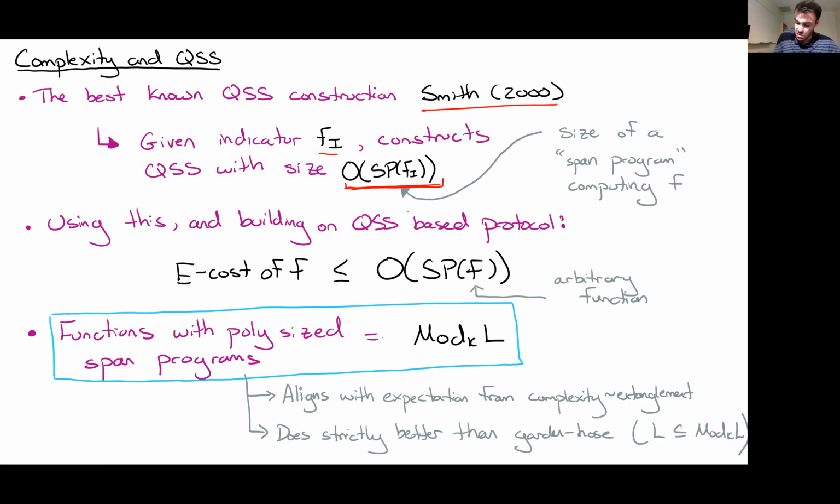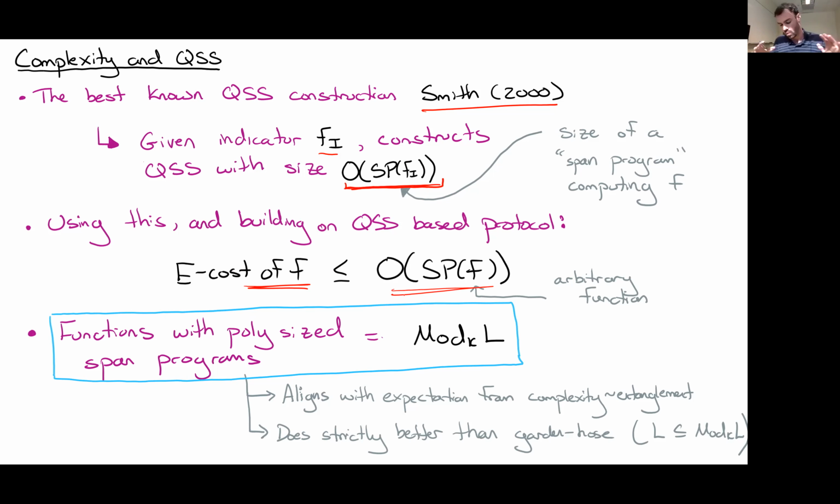Using that construction and adding a couple of tricks into the protocol I was describing before, you can go from functions that are realized as indicator functions for quantum secret sharing schemes to just arbitrary functions. And what you find is that the entanglement cost is upper bounded by the span program size.